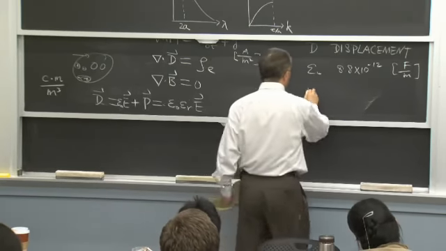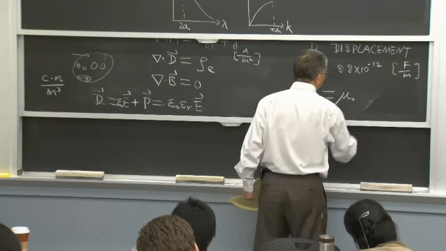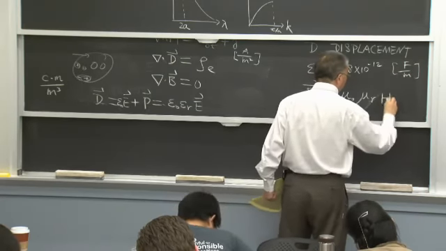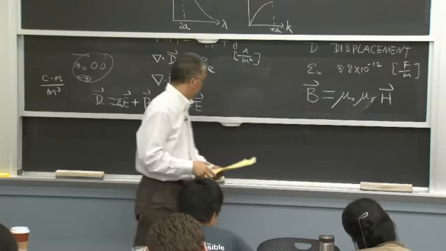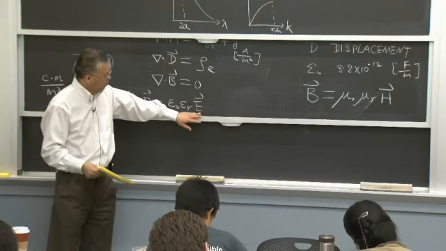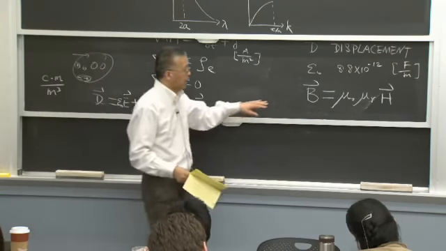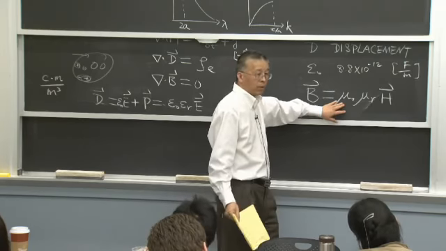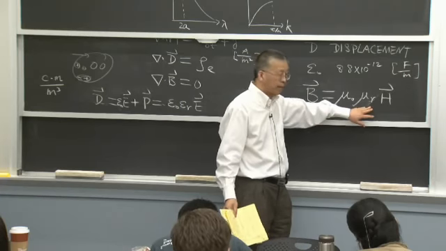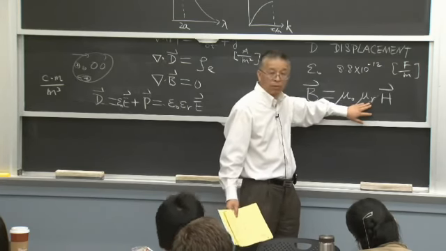And similarly, magnetic induction B, you can write as mu vacuum, mu r, times H. This is just like we write the displacement field as the electric field times the dielectric constant. And here is the vacuum permeability, with mu r relative to vacuum. Most materials at visible wavelength or high frequency, this is about 1.